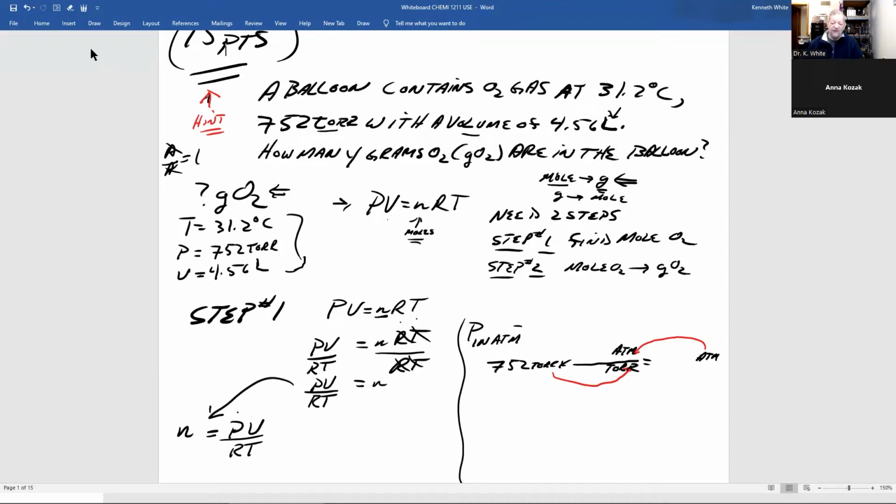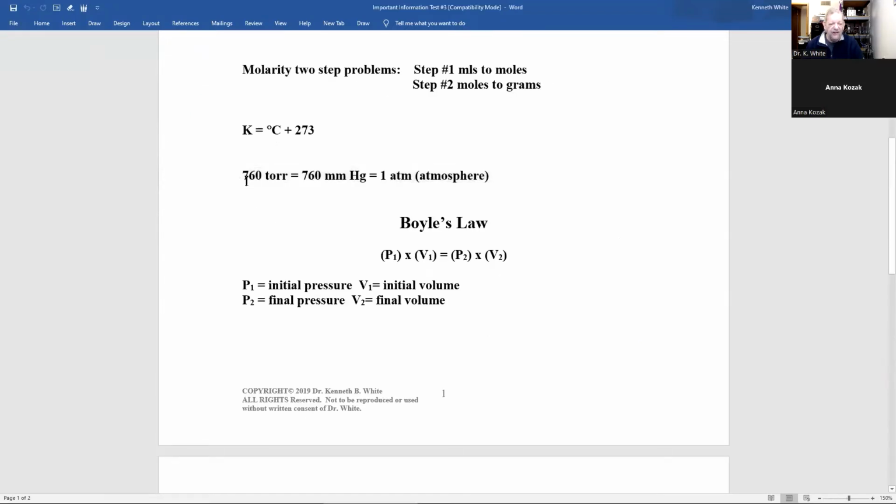And where do I get a relationship between atmospheres and torr? Well, in case you forgot, you can always look at important information, Quiz number 3: 760 torr equals 1 atmosphere.